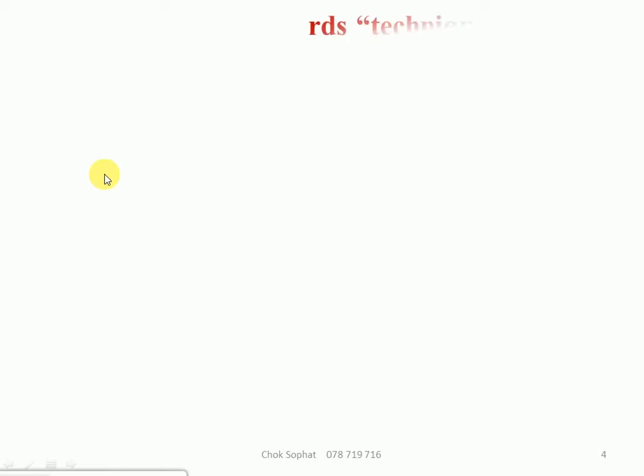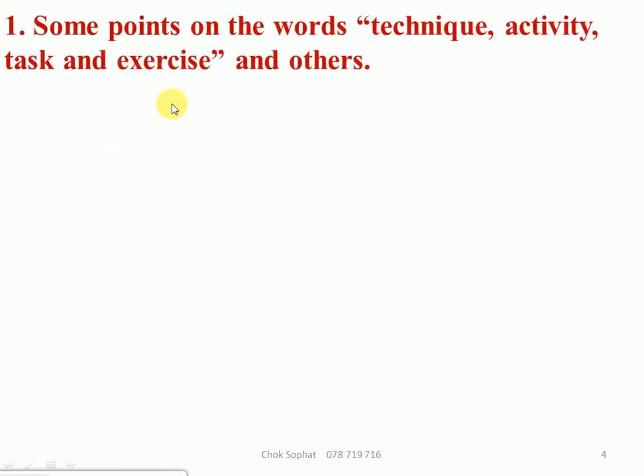Okay, so please let's move to point number 1. Some points on the word technique, activity, task, and exercise, and others.